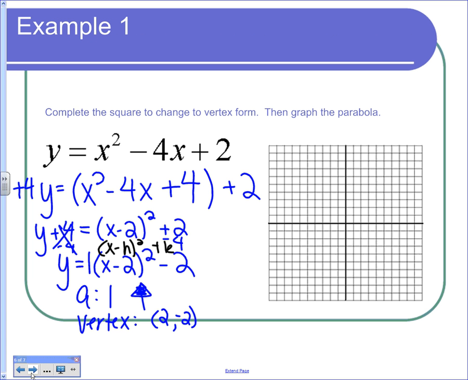All right, so I'm going to graph my vertex. Where am I going to go? Okay. Now what can I do? There's another point that I automatically can know. Well, yes, our a is 1. That tells us it opens upward.